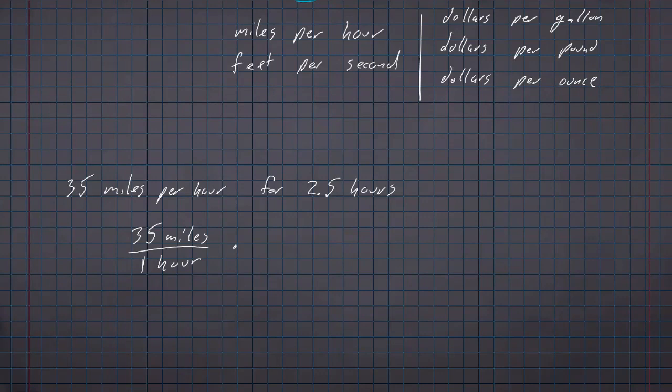And if you multiply that times 2.5 hours, throw that over 1 so it looks like a fraction. Notice that the hours will cancel each other out. Dividing by 1 doesn't really do anything. And you have 35 times 2.5 in miles.